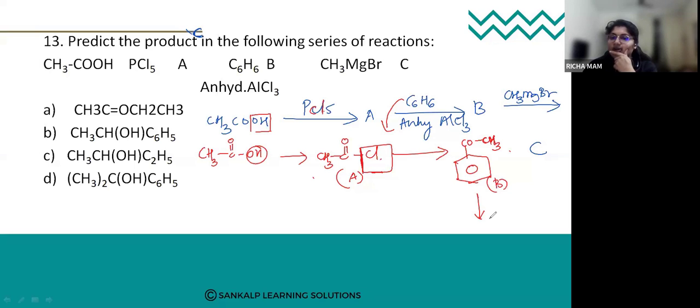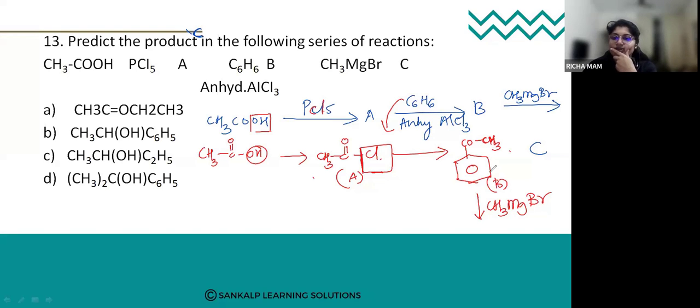This is your acetyl benzene. Further I am going to treat it with methyl magnesium bromide, that is your Grignard reagent.